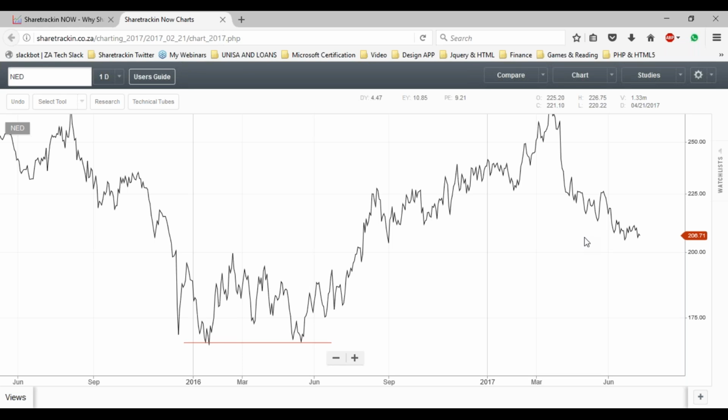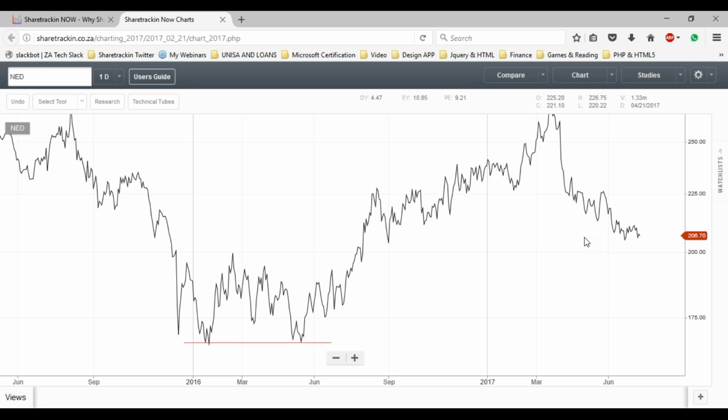Remember, if you buy that share on your AppSub platform or on your Standard Bank platform, or whichever the case may be, that is already putting you in the negative. You're already paying that administrative cost when you buy the share, so you still need to make up for it.